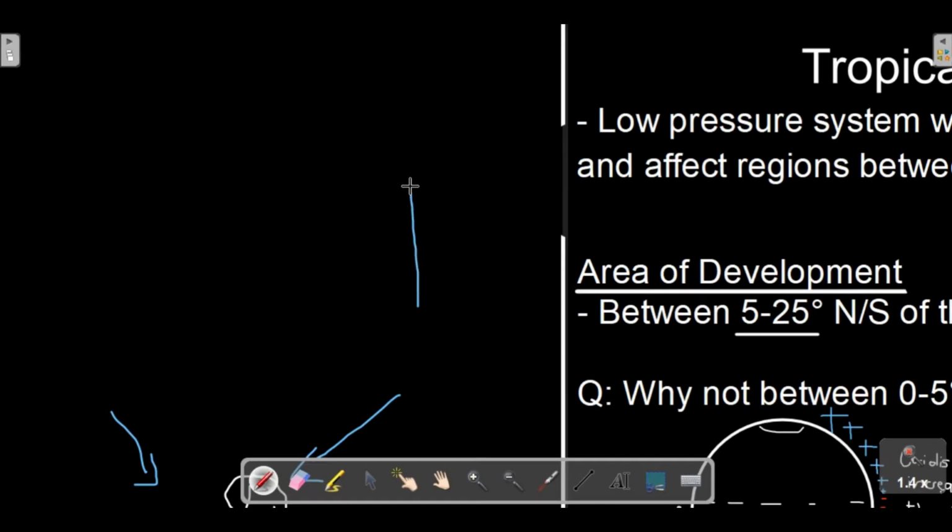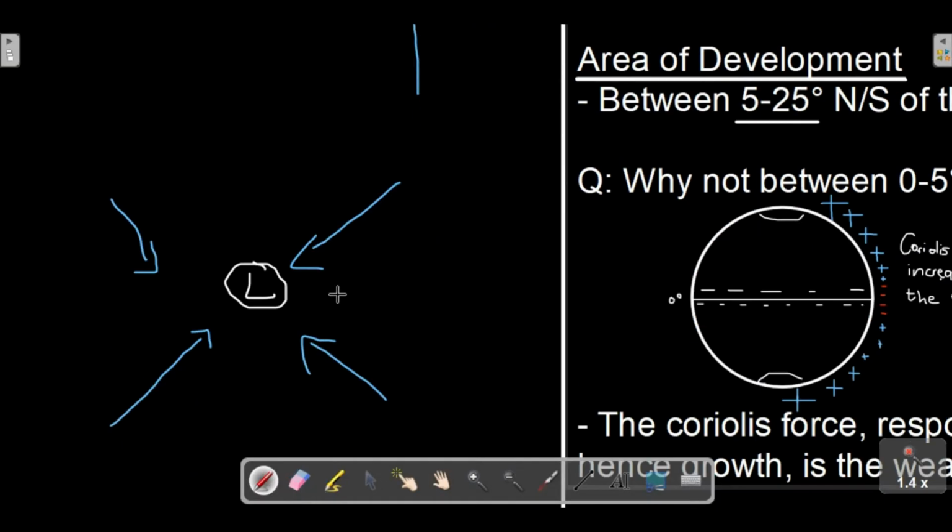So if you have an air mass moving in that direction, the Coriolis force in the southern hemisphere will deflect it like that. So as you can imagine, this one will be deflected that way, this will be deflected that way, and that will be deflected that way. As you can see from a top view, what you will see is this clockwise circulation.